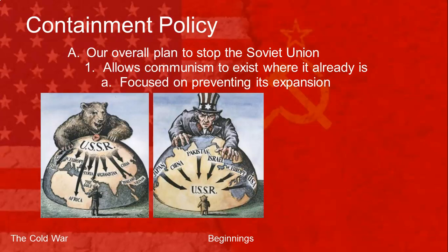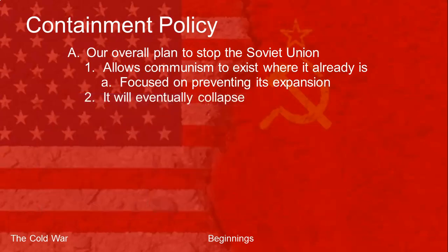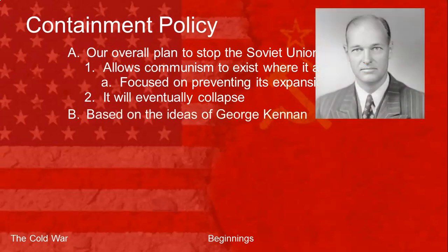We're going to keep it where it is. Because eventually, communism will run itself into the ground. It is not something that is economically or even politically sustainable. And so as long as you keep it from spreading, it will eventually collapse.